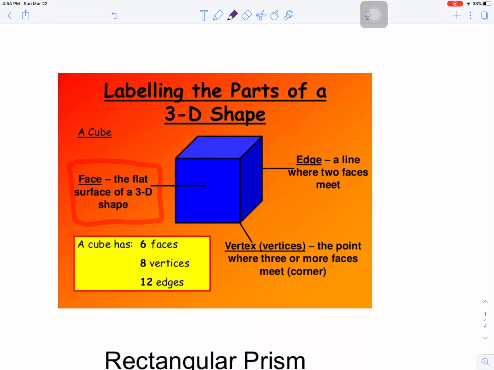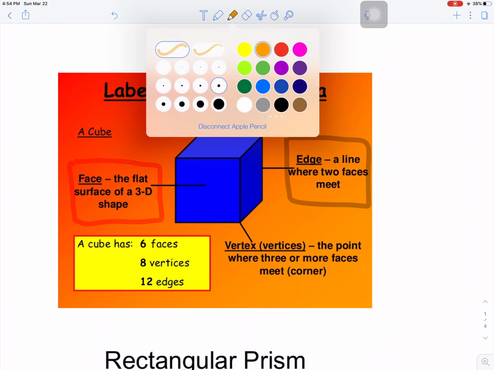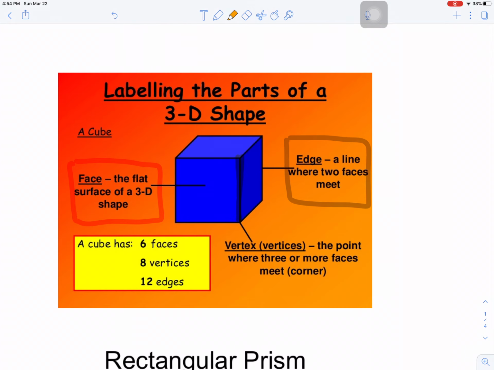So planar, flat, those flat surfaces we talked about as far as geometric planes, the faces are those planes. And where those faces intersect each other, when 2 of them intersect, we get an edge. And it creates a line. A line is created when 2 faces intersect. You see one right here.